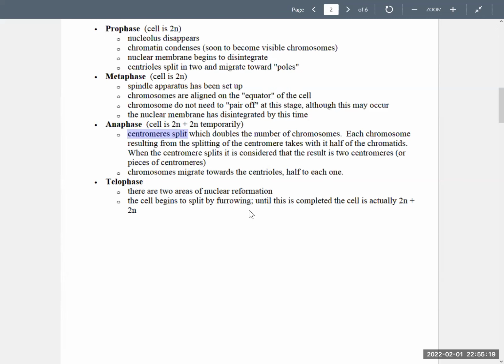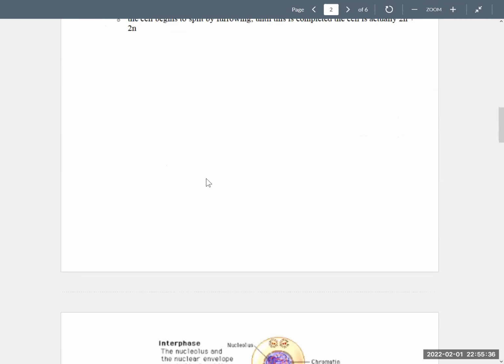And then when the centromere splits, it's considered that the result is two centromeres or pieces of centromeres. Chromosomes migrate then towards the centrioles, half of the chromosomes to each one.